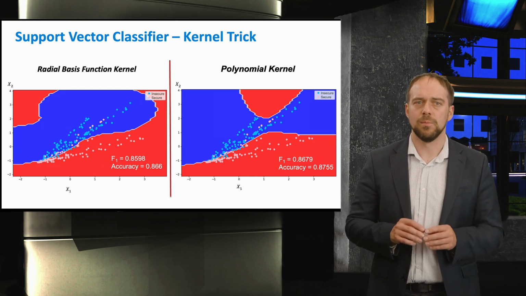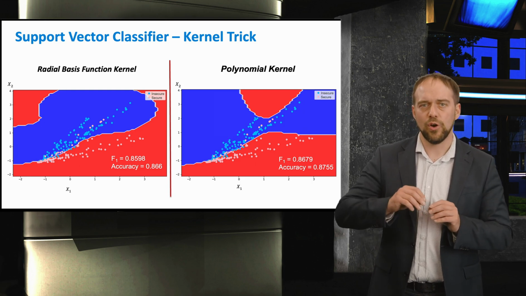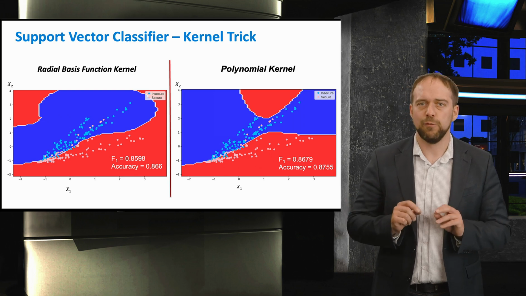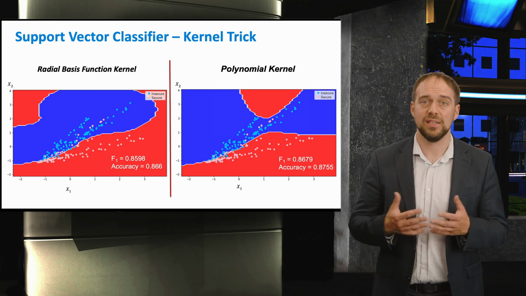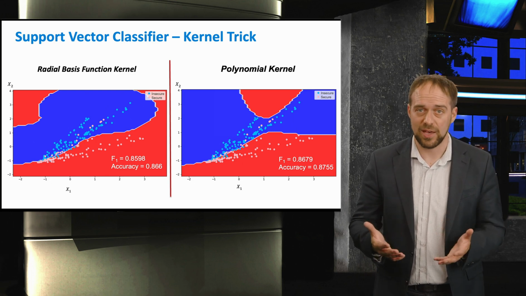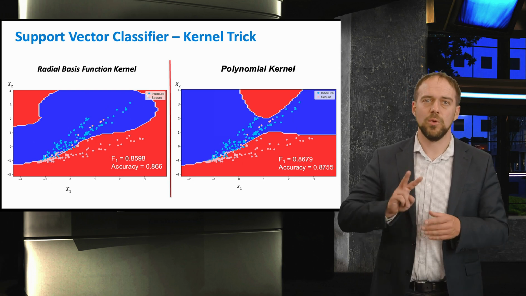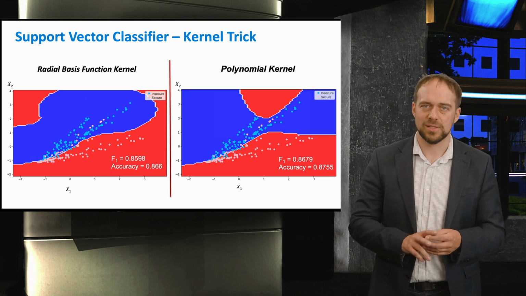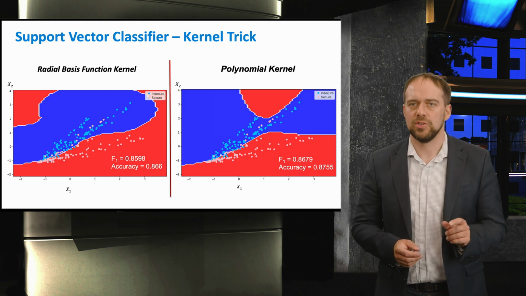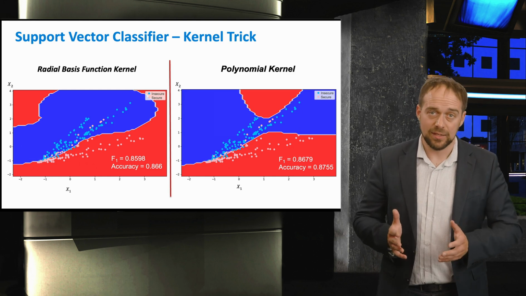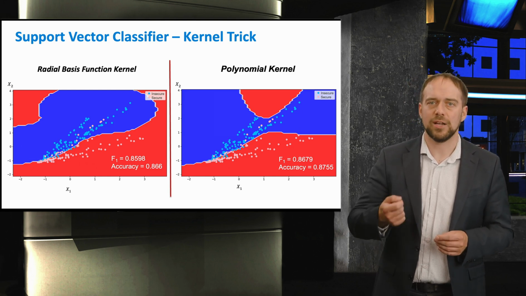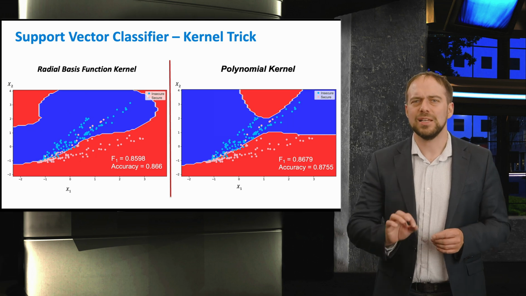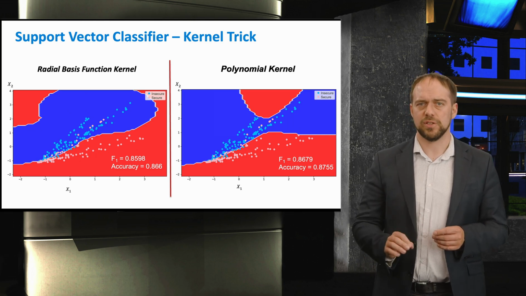This produces a more complex, curved boundary. The F1 score there is 0.8679 and the accuracy is 0.8755. The two models achieve similar performance, but with slightly different boundaries. The key idea is that kernels let SVMs adapt to more complex structures in the data without explicitly computing higher dimensional features.